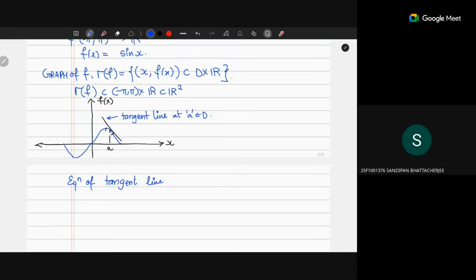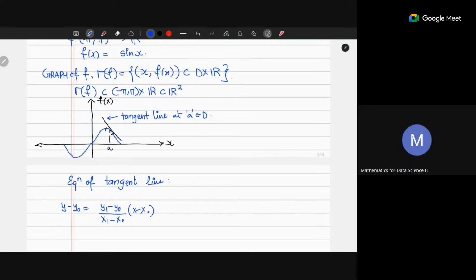So we can use the two-point slope form, which would be, if it passes through the point x0, y0, we can have the equation of the straight line as (y minus y0) by (x minus x0) equal to dy/dx, that's f prime of x. Yeah, right, the 2 points.